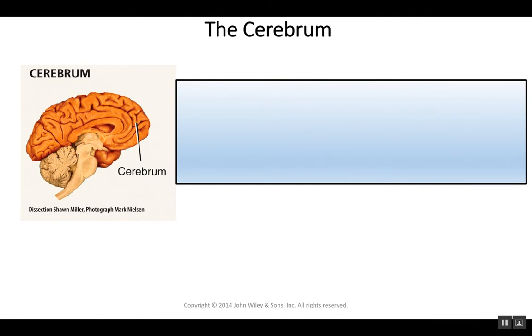The next region of the brain is the largest region of the brain. It's also the more complex region of the brain. It's also the part of the brain that you usually see most of when you're looking from the outside, and that is the cerebrum. The cerebrum contains a lot of different areas in it.